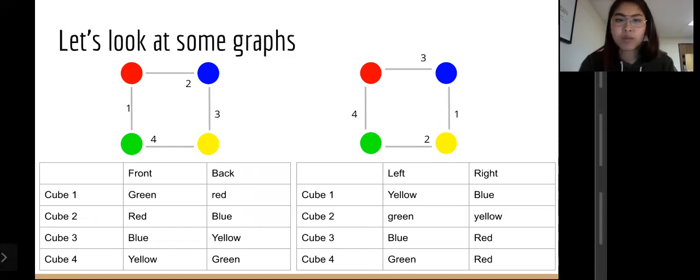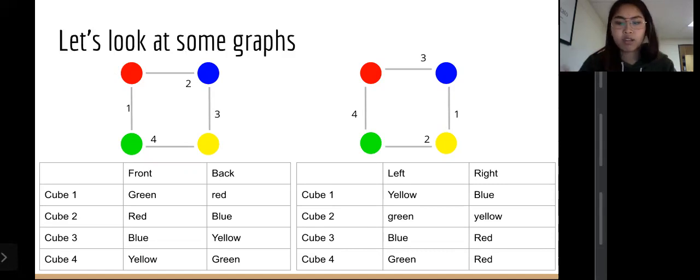So that works. We have one side that has one color on all 4 colors. If we look at the back, we have a red, blue, yellow, and green, and that works. So if we were only looking at the back and the front, this particular graph works.